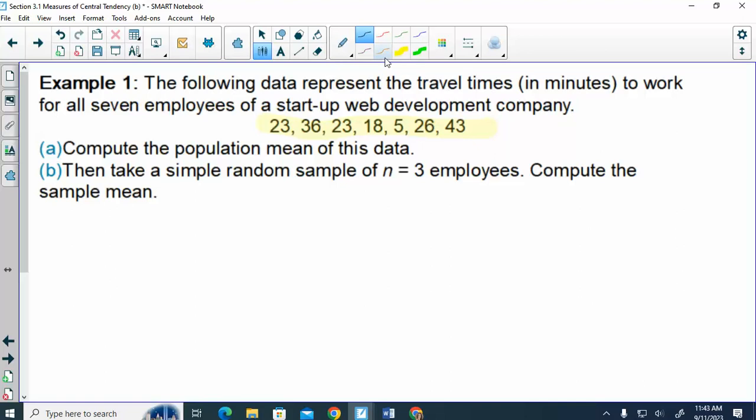So part A, we want the population mean. So population mean is mu. This is the population because it was all 7 employees, the only employees at this company. So we add them all up.